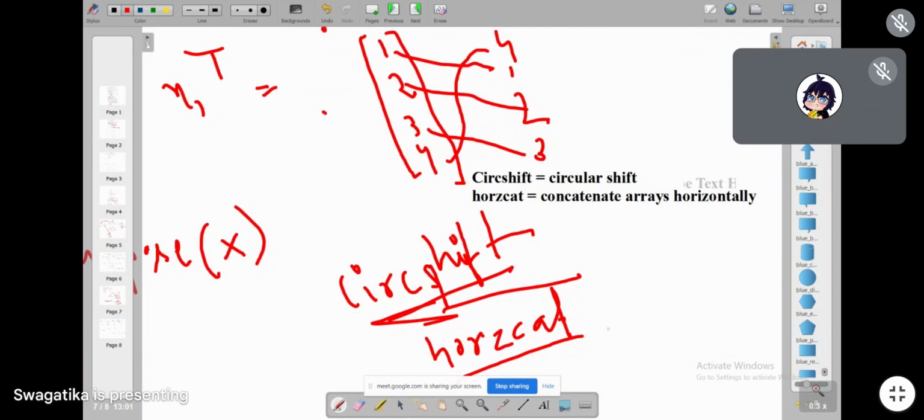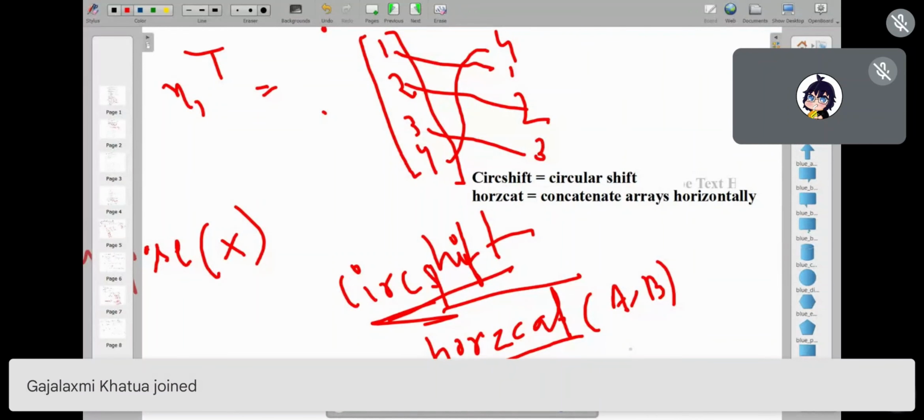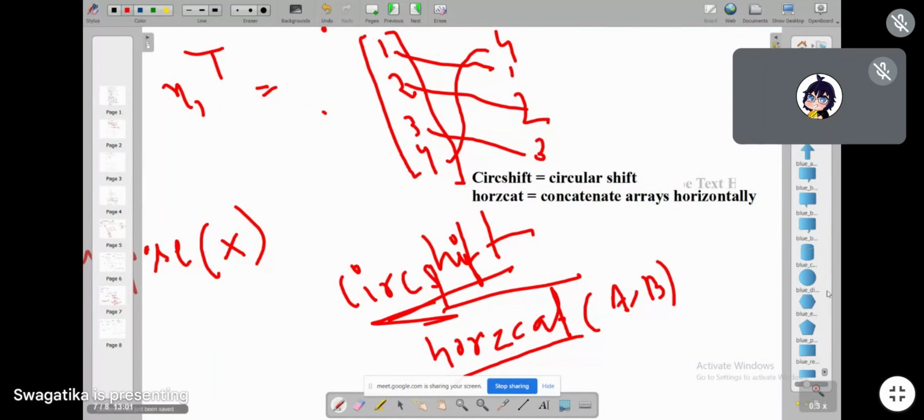Suppose you are going to write horzcat(A, B). It means whatever is written in A. Suppose A is equal to 1 1 0 0.